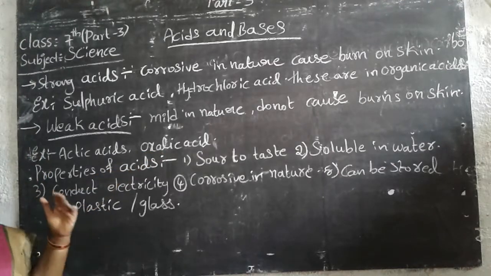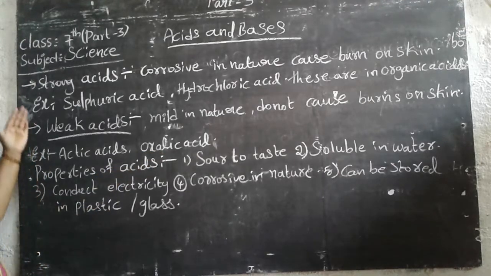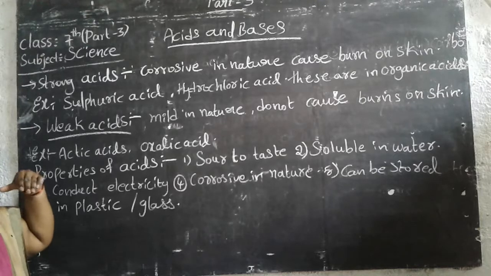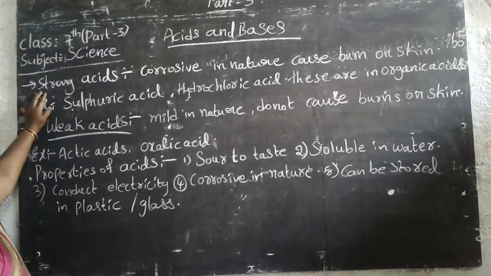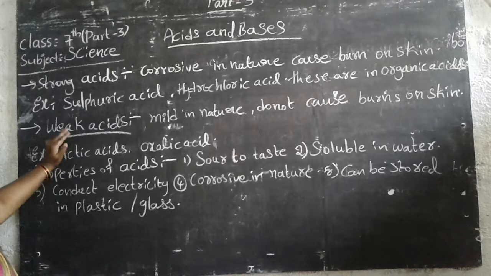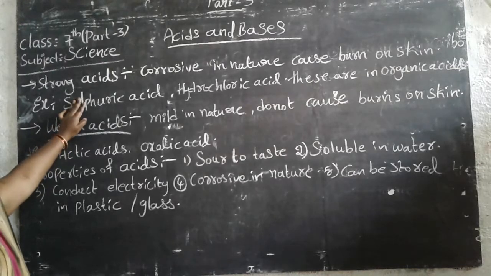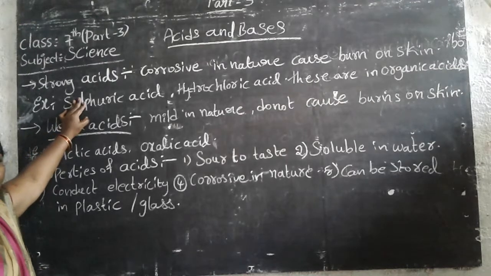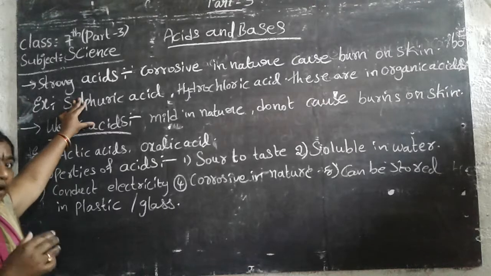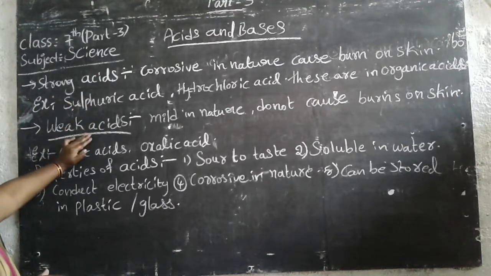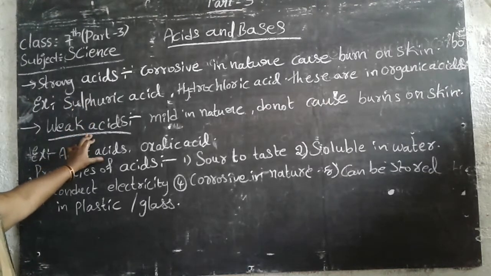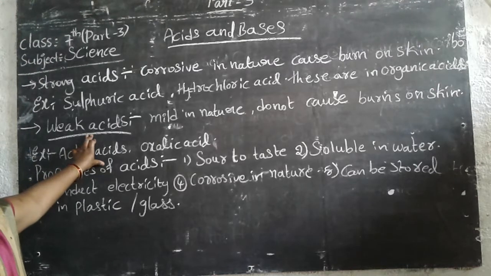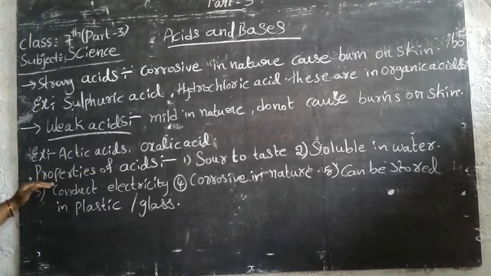These are the two types of acids based on strength: strong acid and weak acid. Strong acids are harmful to our health, body and skin. Weak acids are not harmful, and we can use them in our daily life. Next is the properties of acids.